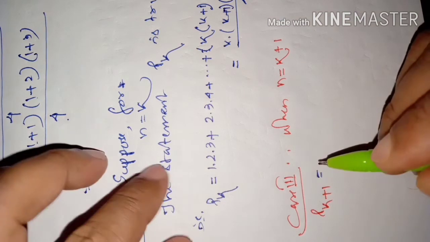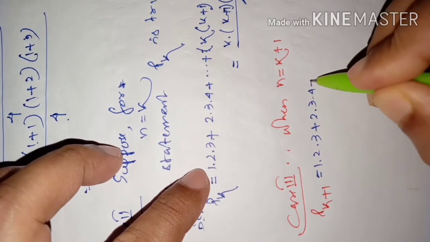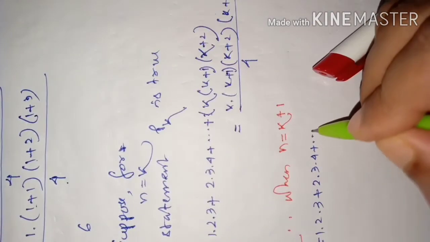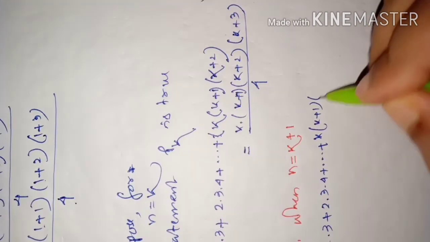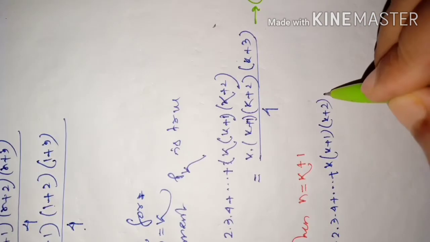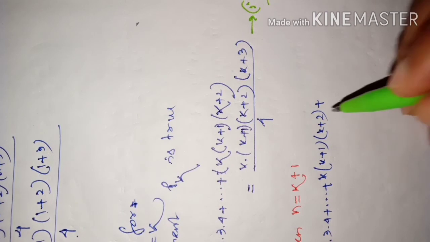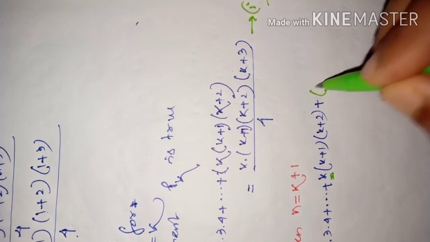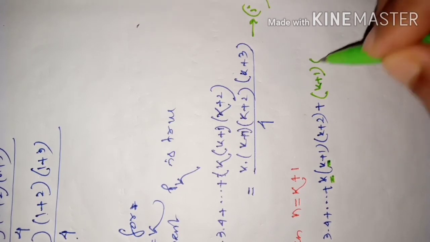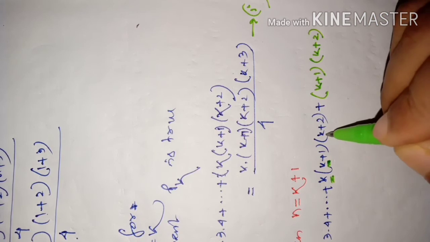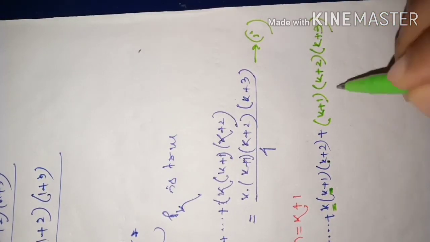That means here you will write: 1 into 2 into 3 plus 2 into 3 into 4 plus ... plus k into k plus 1, k plus 2, plus, now one more term you will have to add. What is that next term? In place of k, k plus 1. Here also it will be k plus 1, k plus 2, and k plus 3. The last term is this one this time.